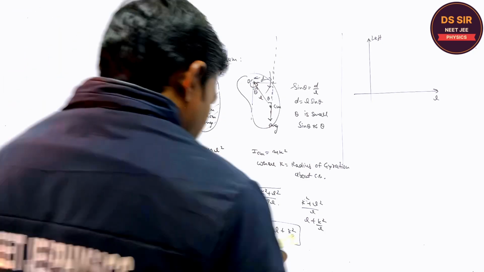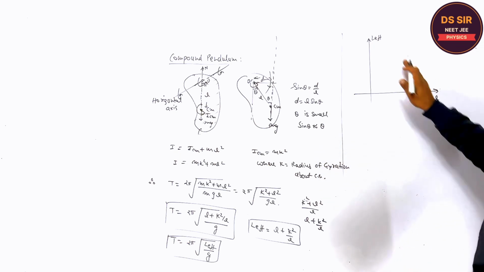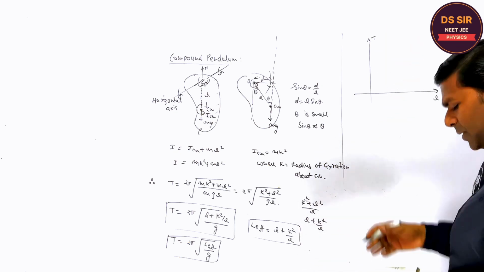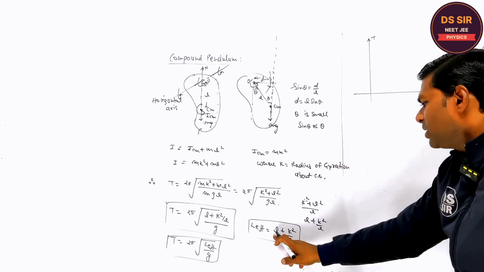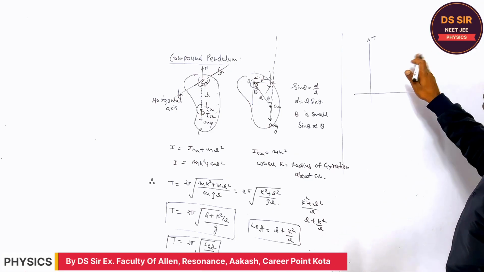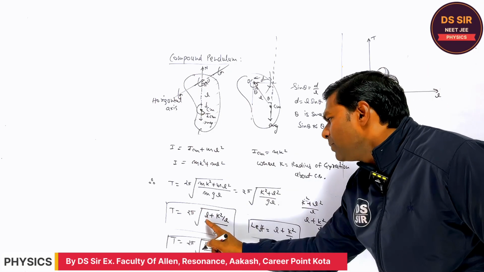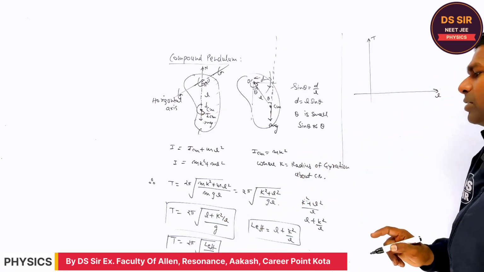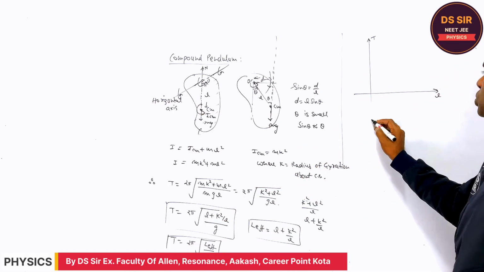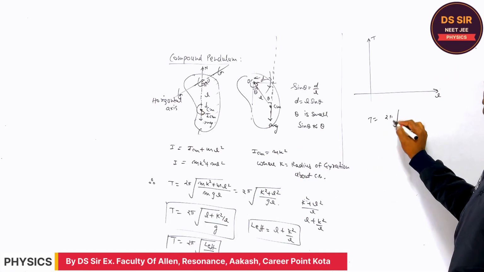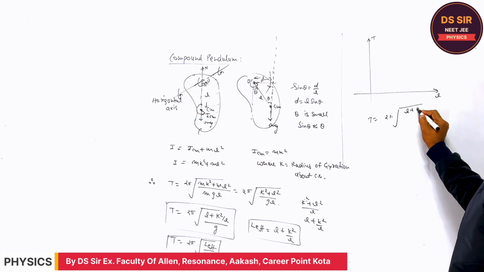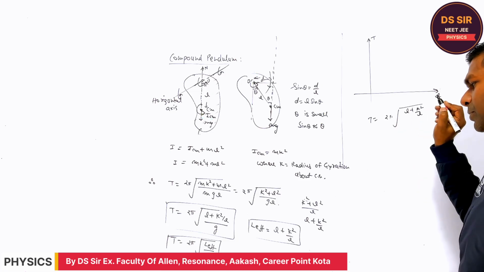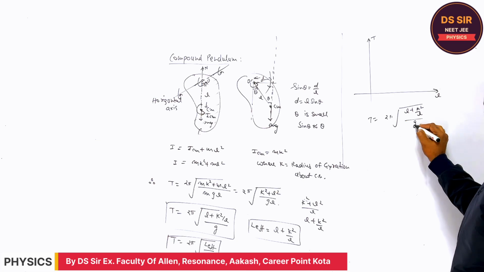If you draw the graph between the time period and this length L, since the time period depends upon L plus k square upon L, T is equal to 2 pi root of L plus k square upon L, divided by g.